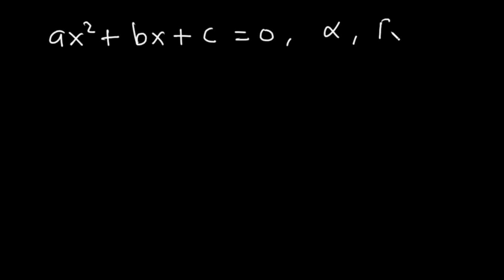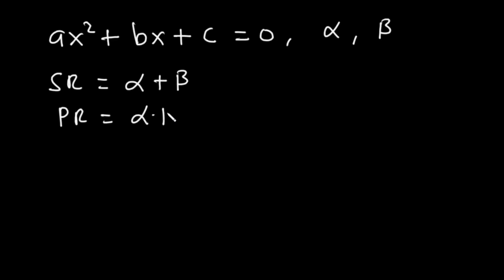Now, given a quadratic equation ax squared plus bx plus c is equal to 0 with roots alpha and beta, then the sum of roots is alpha plus beta, and the product of roots is equal to alpha times beta.